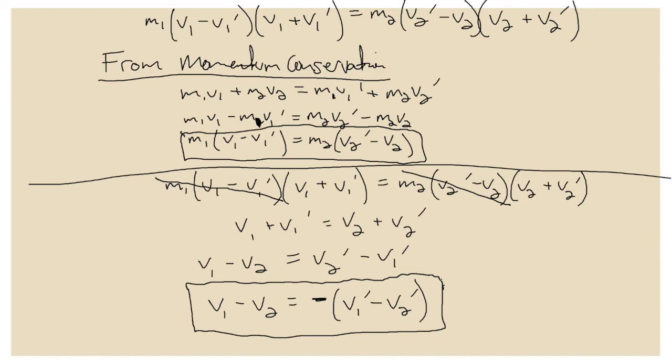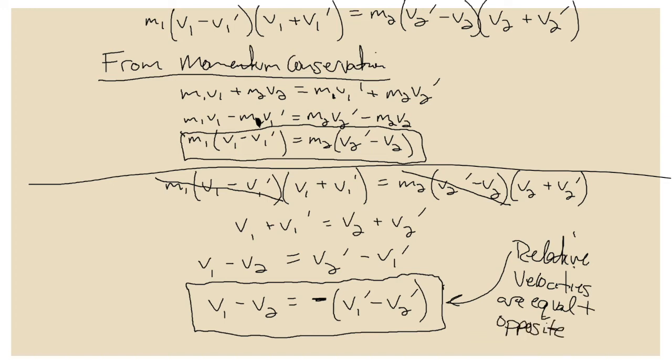If you take v1 minus v2, what is that? It's the relative velocity. And so notice what that equation says is the relative velocities are equal and opposite before and after the collision. And that is a really, really, really important conceptual piece of information.